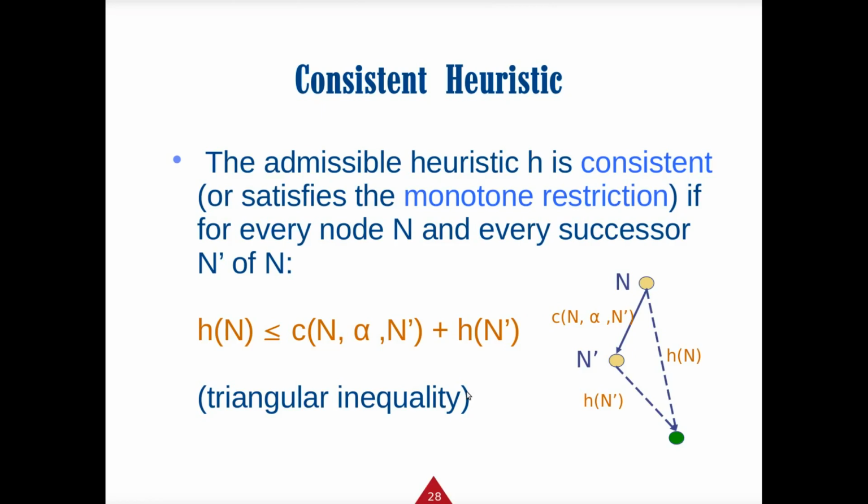And then the consistent heuristic definition: an admissible heuristic is consistent, or satisfies the monotone restriction, if for every node n and every successor n prime of n the condition holds. So it's basically saying if there's a better path that actually goes through multiple steps, that's the path we want to take.